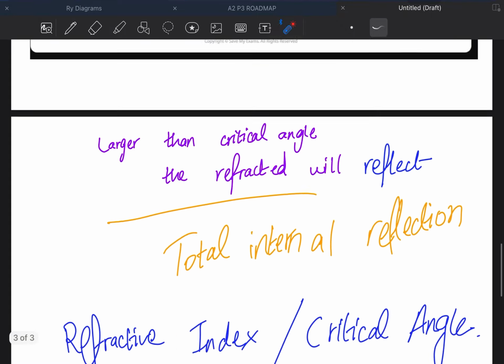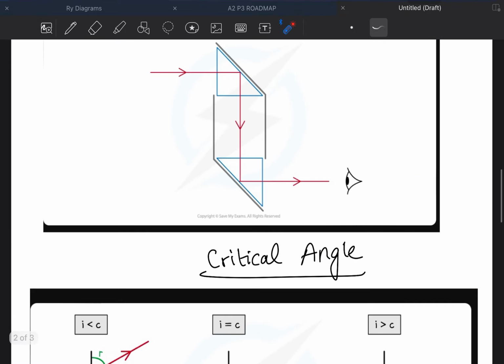Since we talked about total internal reflection, we're going to learn about optical fibers. It's there in the physics syllabus as well.